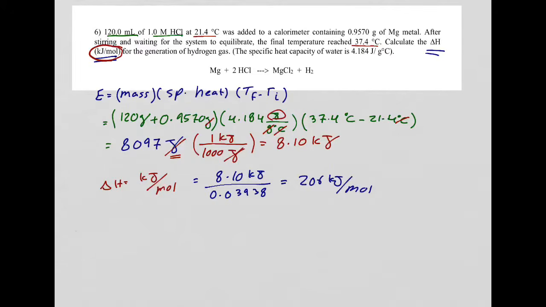Now, you have to use the moles of the limiting reagent. So I had to figure out how many moles each one has and figure out which one is the limiting reagent. In most cases, the metal is the limiting reagent. This definitely is here, but again, make sure you do the full math. And so you divide by the moles of the limiting reagent and you get kilojoules per mole.